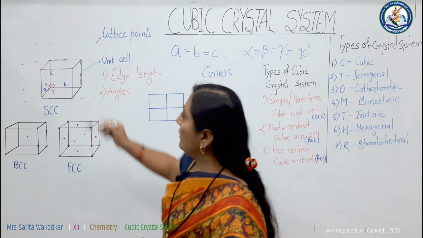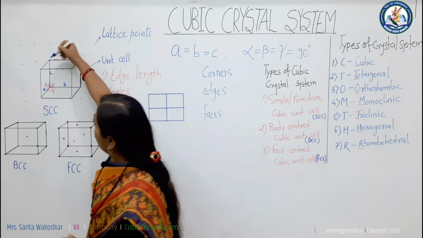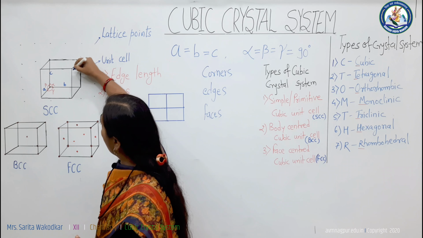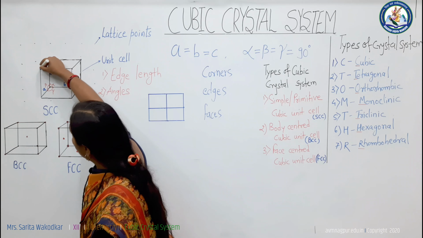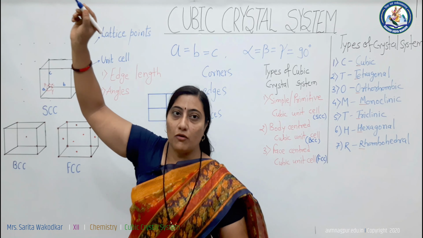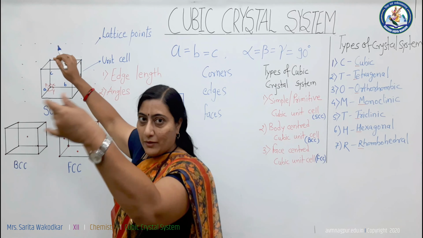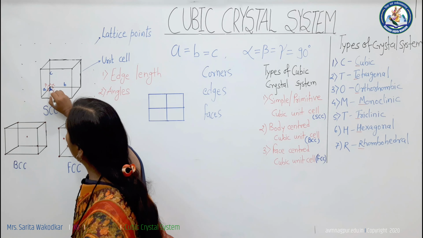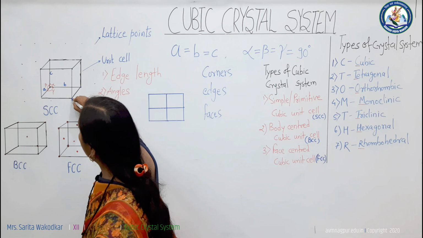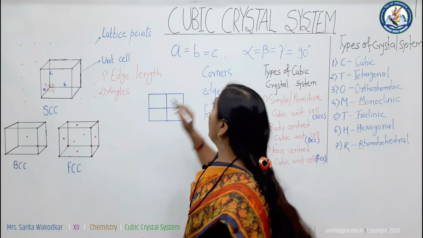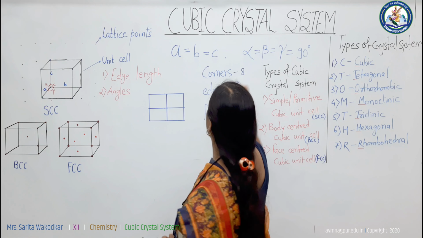Let us see. This is a cube. These 4 points are the corners of a cube. Similarly, 4 points from the upper side, 4 points from the lower side. So total 8 corners are there.